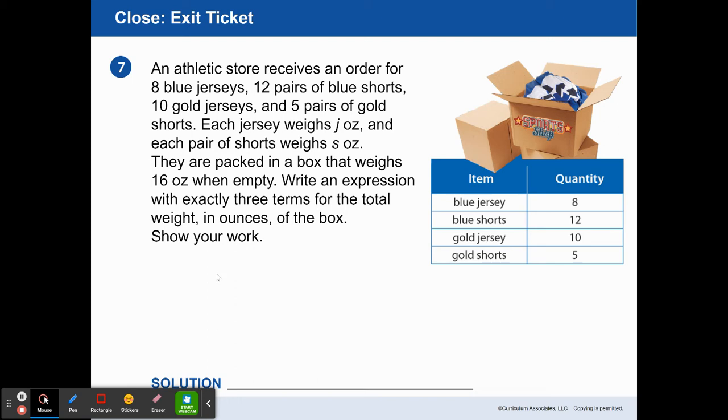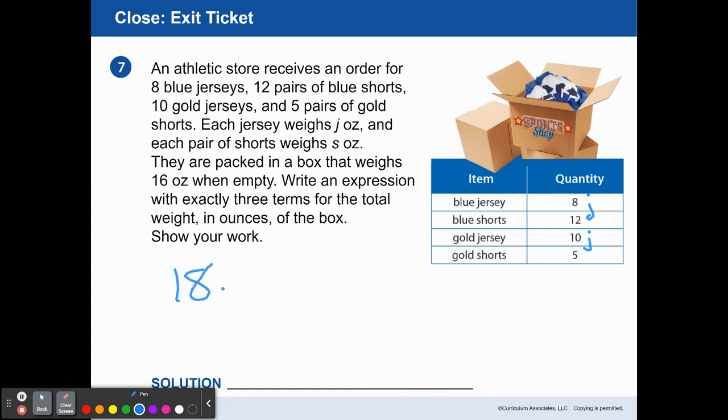So if I know that I have 8 blue jerseys, and if I multiply that times the weight, that unknown weight, then that gives me the weight that I'm looking for, right? So that's jerseys, and then I have 10 gold jerseys. So 8 and 10 is 18.